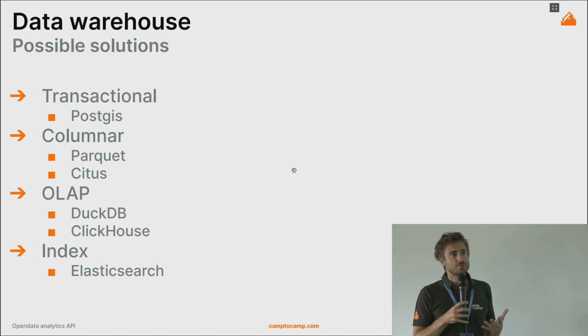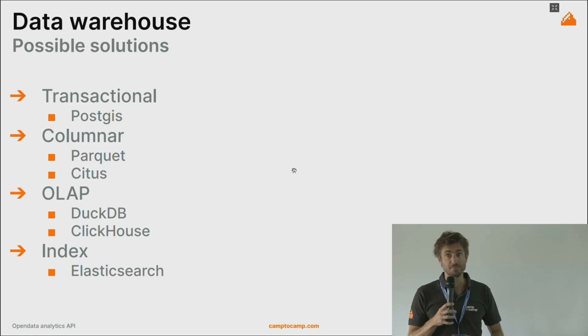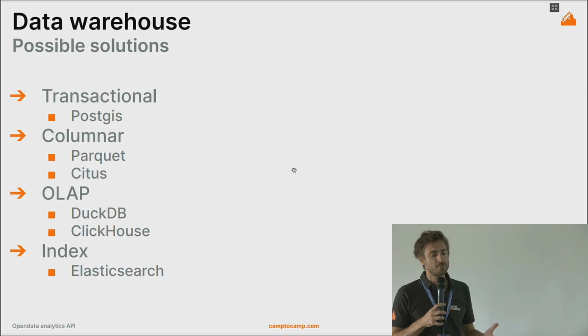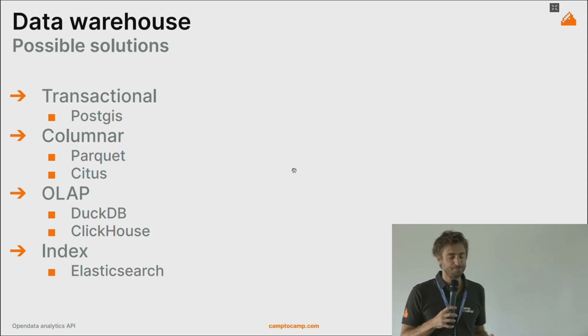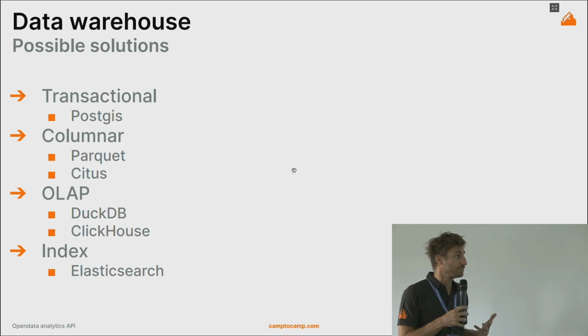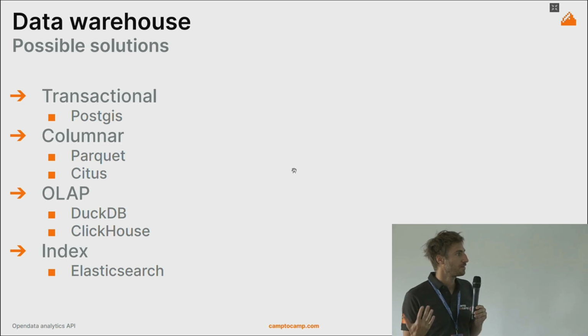The most obvious could be a transactional database like PostGIS, where you can store open data from CSV, from whatever, and you can store geodata as well, and you will benefit from all PostGIS functions. But if you have big files, maybe it can be slow, so we have to identify other solutions depending on the use case, like what kind of data we want to provide.